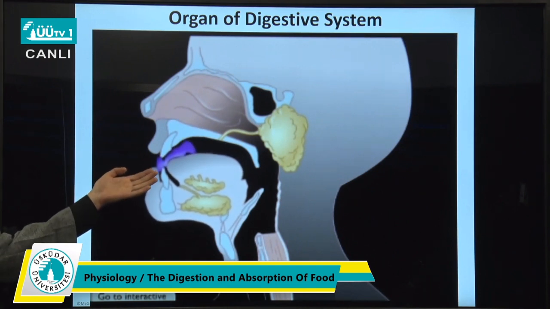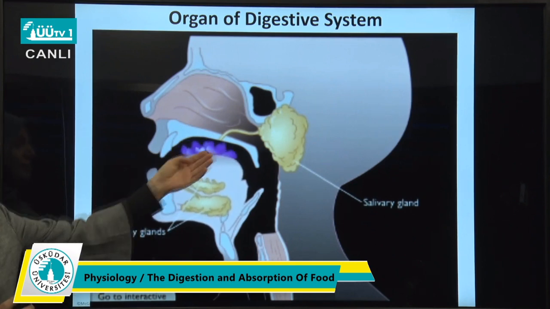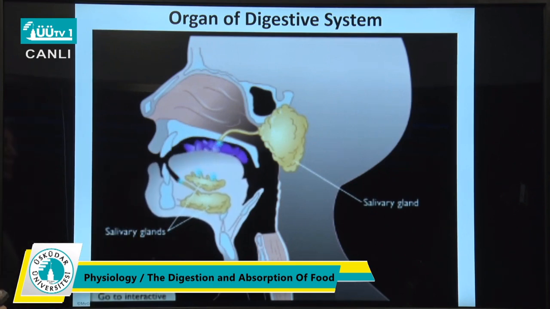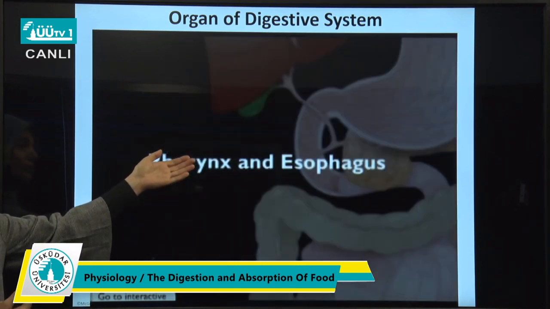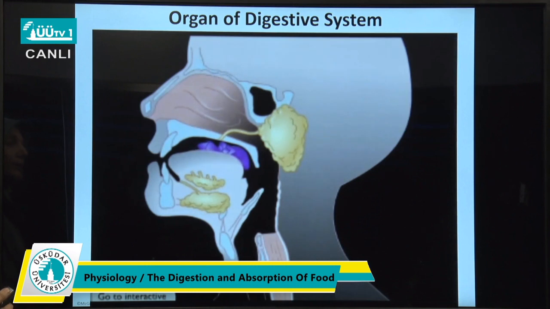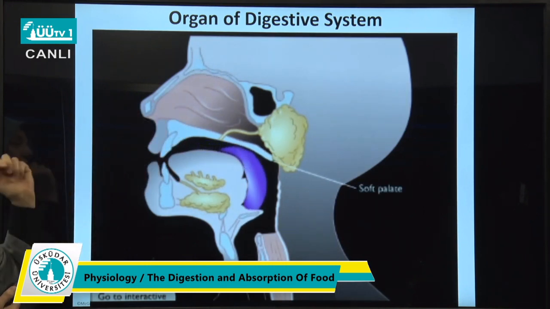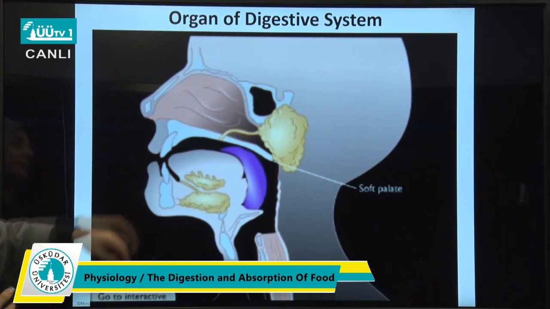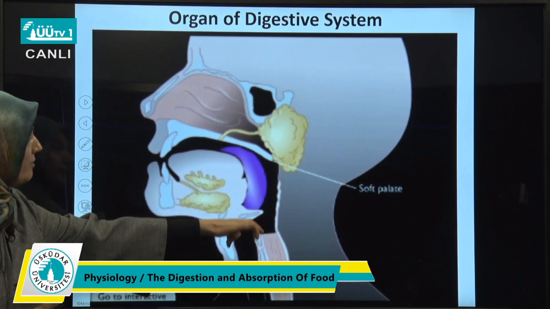The teeth break the food into smaller particles, and the salivary glands secrete saliva to start the chemical breakdown and also to moisten the food. And the contractions of the muscles in the face push the food into the pharynx.